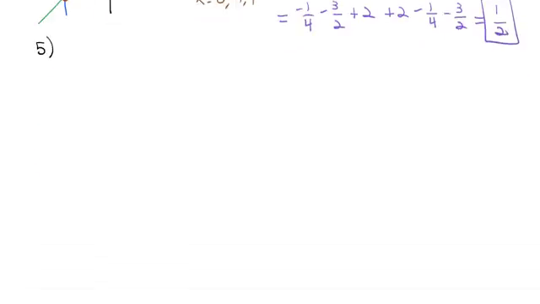Number 5. Sometimes we can use symmetry to our advantage. So we're doing the same functions, f of x equals x cubed plus 3x, and g of x equals 4x.